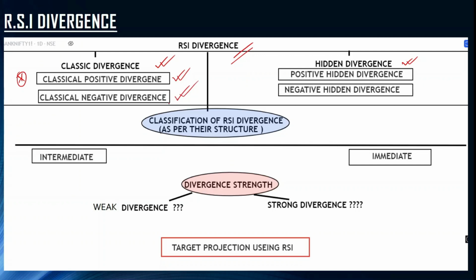In this video I am going to explain classical negative divergence. The other type is hidden divergence, which is also of two types: positive hidden divergence and negative hidden divergence. I do not cover the remaining part of this picture here. In my upcoming videos, step by step I will cover everything.